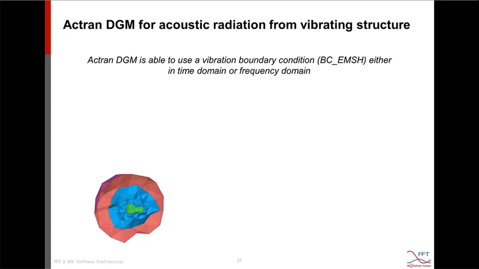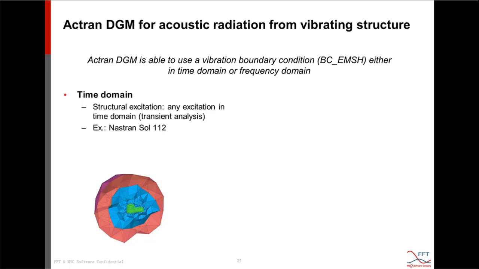So in practice, Actran DGM is able to use a vibration boundary condition or BC mesh, either in time domain or frequency domain, calculated by, for example, Actran.